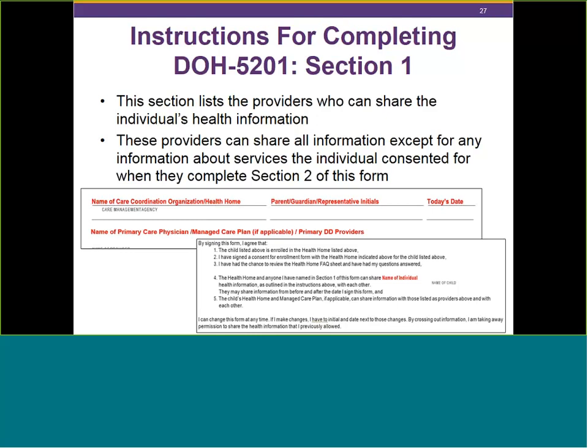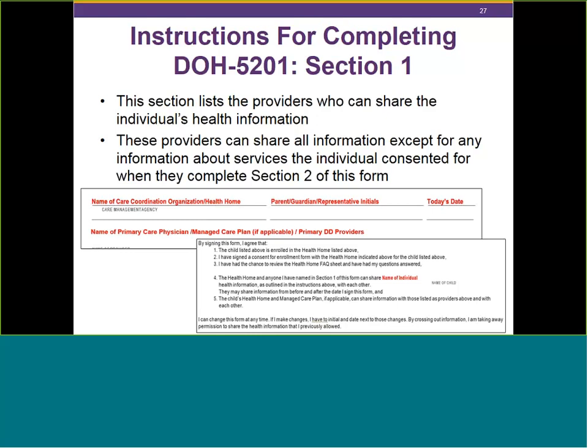Thanks, Kate. And lastly, this is a review, but for the 5201 Section 1, which is the section we anticipate will be completed at the time of enrollment, we have the list of providers who can share the individual's health information.